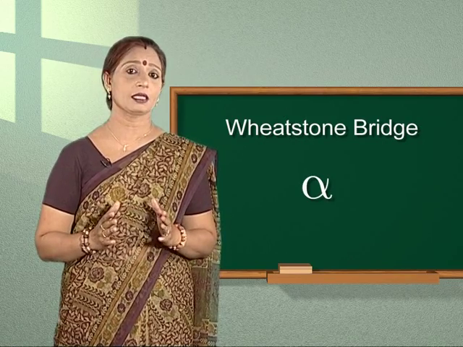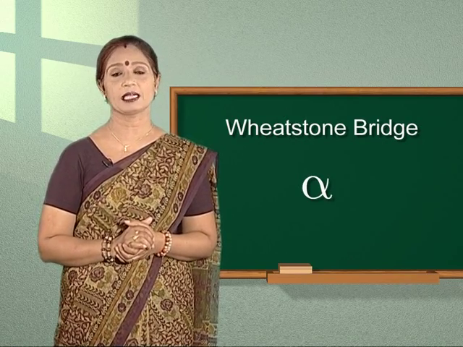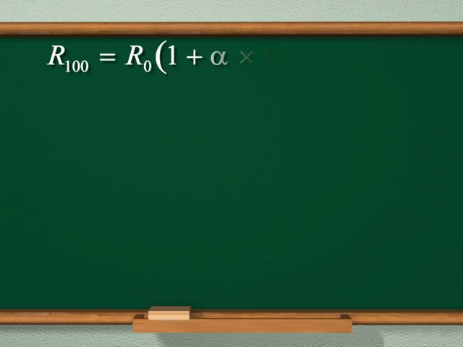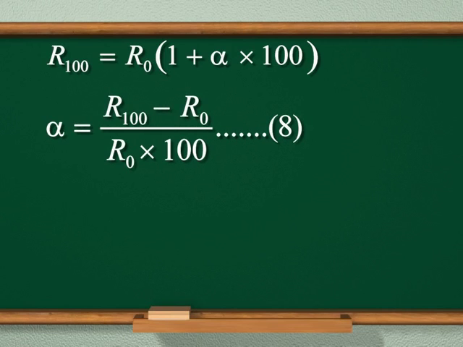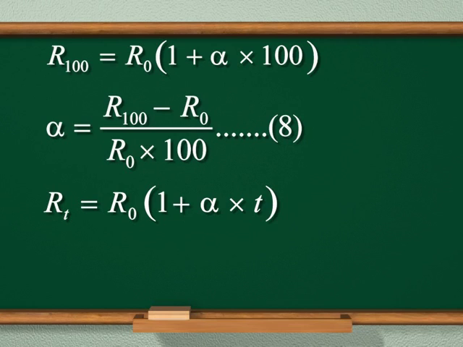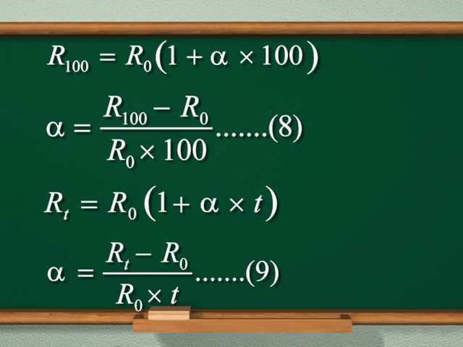If alpha be the temperature coefficient of resistance of platinum wire, then R100 is equal to R0 into (1 plus alpha into 100), or alpha is equal to (R100 minus R0) upon (R0 into 100). This becomes equation number 8. Also, RT is equal to R0 into (1 plus alpha multiplied by T), or alpha is equal to (RT minus R0) upon (R0 into T). This is equation 9.